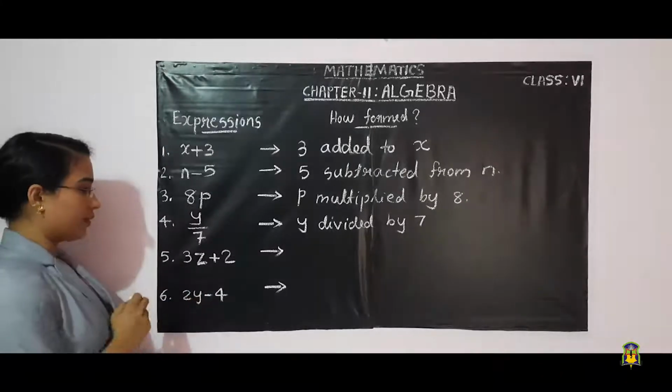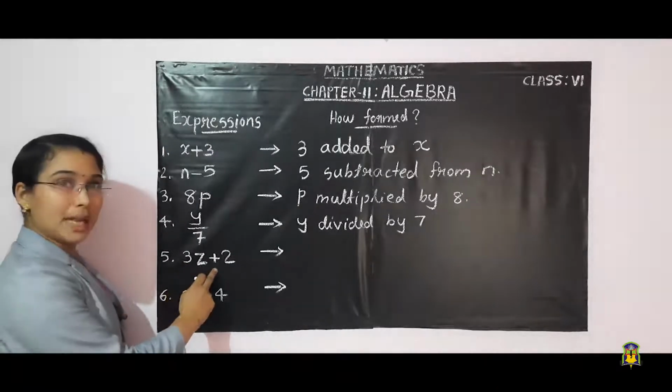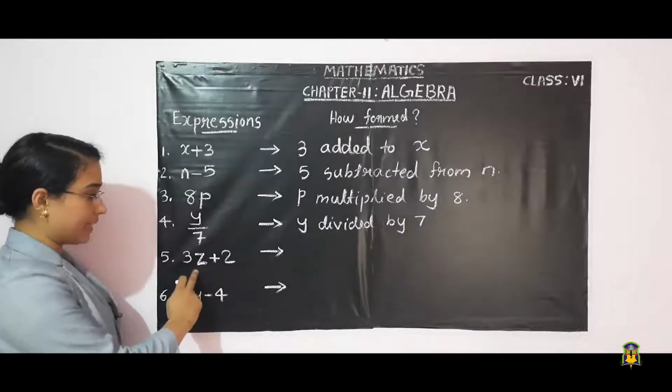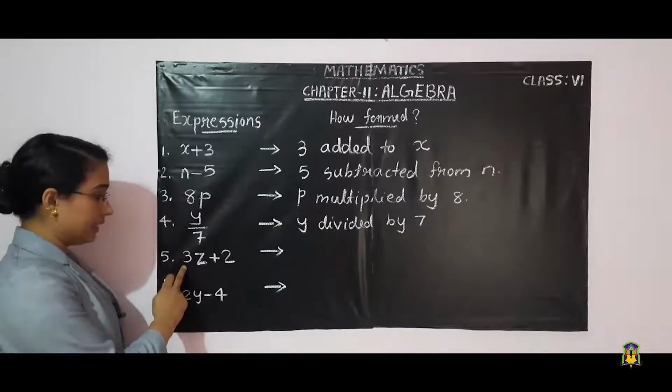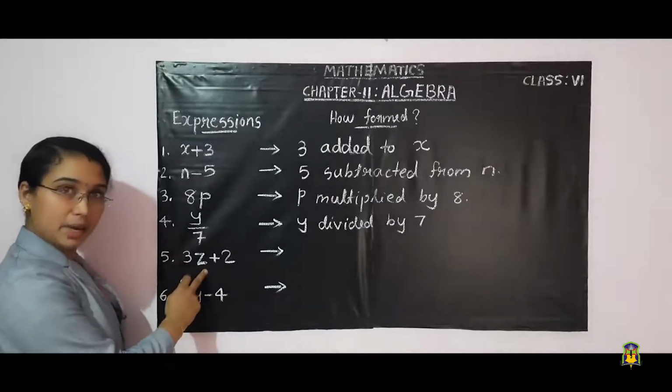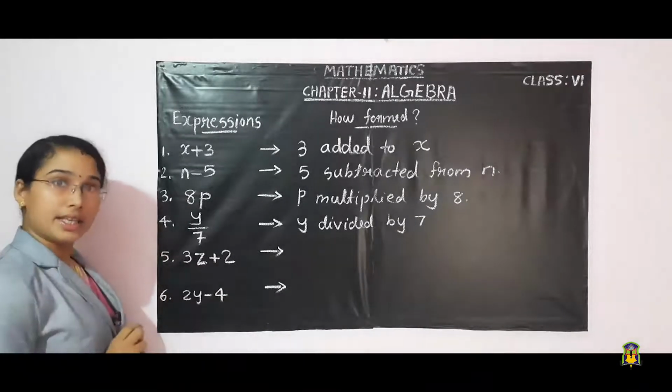Okay, then fifth one, 3z plus 2. In this question we can see two operations are there. First one is multiplication. 3 and z, here we can see multiplication, then after that addition also.